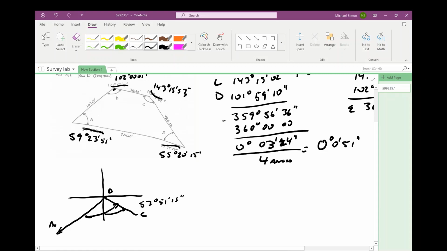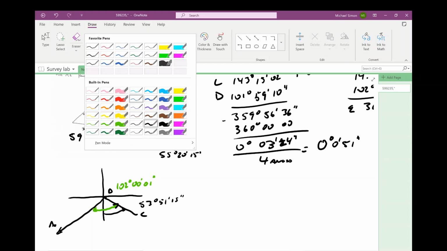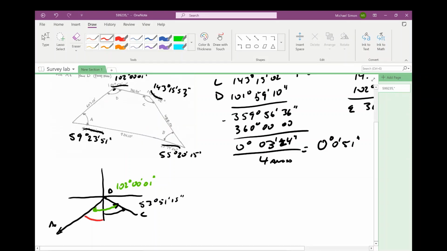That angle, let me just draw this in a different color. That's too thick. So undo that. There we go, that's a little bit better. That angle, that's my interior angle, that is 102, 0001. So to get the difference between those, I'm looking for DA.